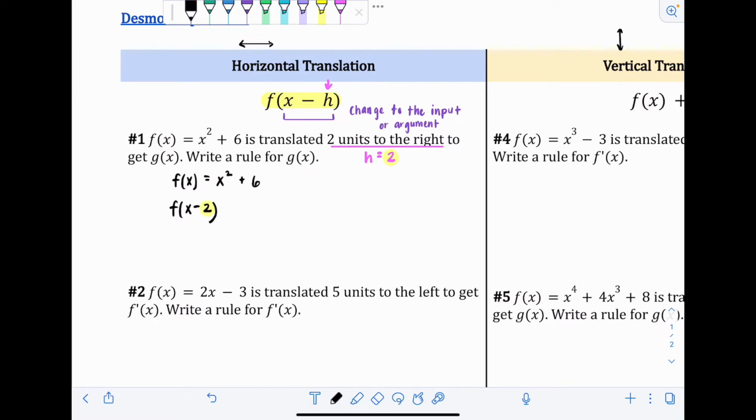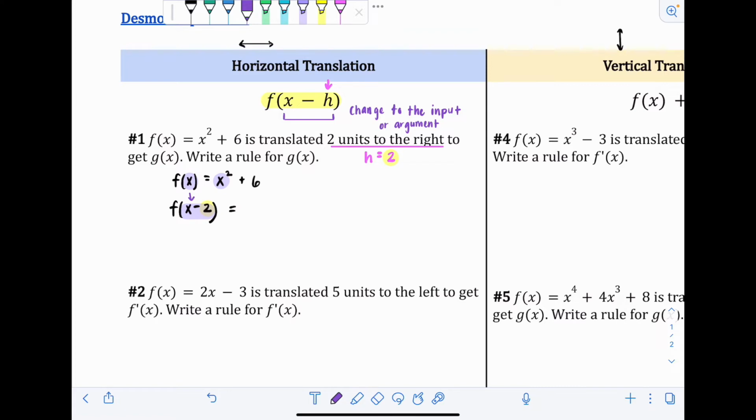What that actually means for writing the new function is that wherever there's an x in the function, it gets replaced with x minus 2. There was originally an x where the x squared was. Even if there's more than one x, they all get changed.